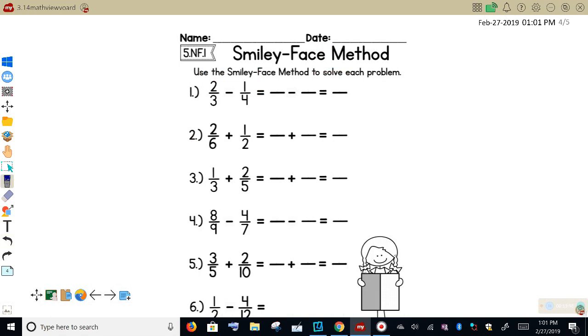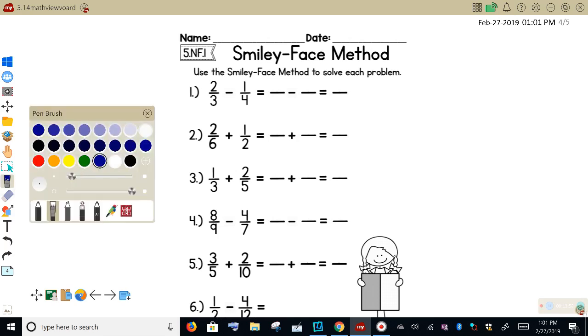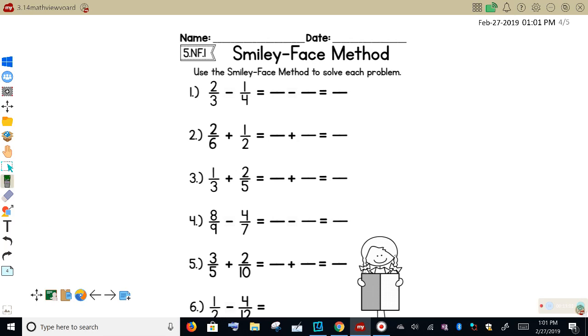All right, 2 over 3 minus 1/4. I've got different denominators. So if you don't want to use the smiley face method, that's okay. Let me make the eyes. I'm going to multiply the 3 and the 4 to get 12. Then I'm also going to get a 12 over here. What do I do for the top numbers?